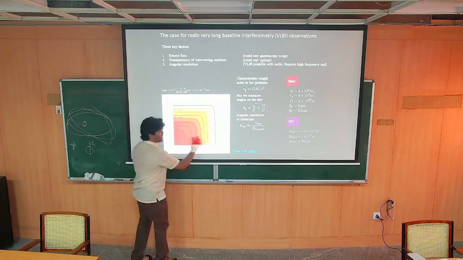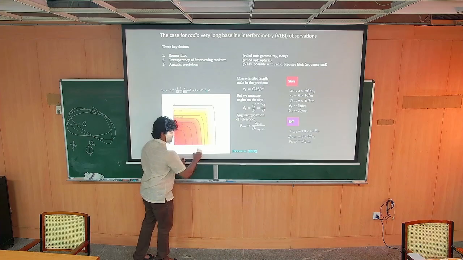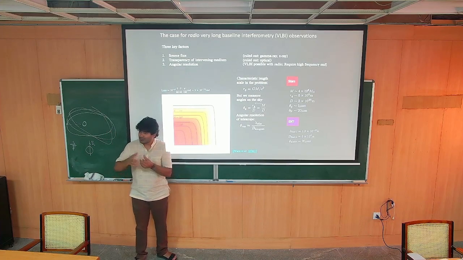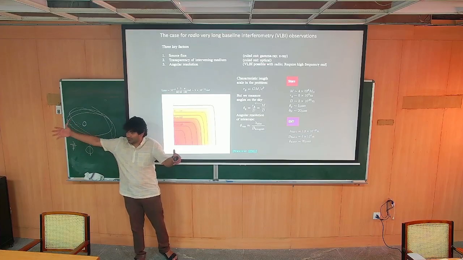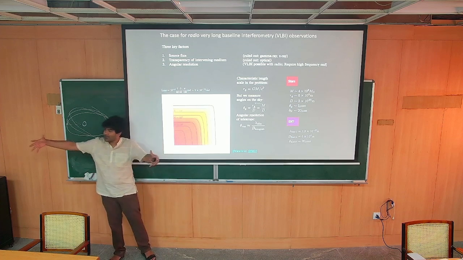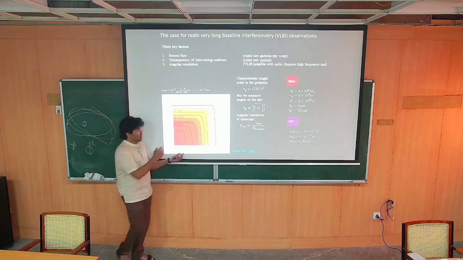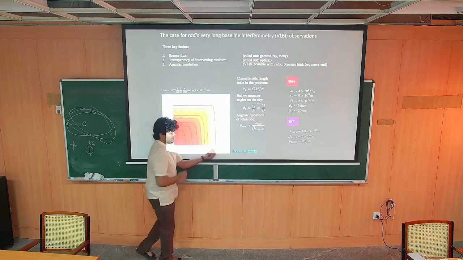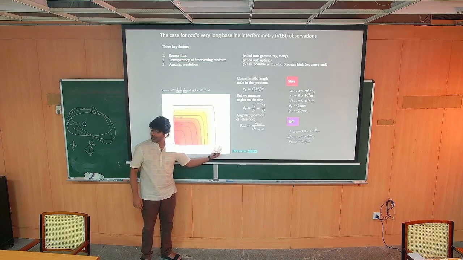So here we're asking how many objects are there that are very big in angular size, which means that the black holes themselves are very, very massive. So this is the angular size of the black hole. Either the black hole is very massive or it's very close to us. So how many such objects are there? There is one object at this scale.